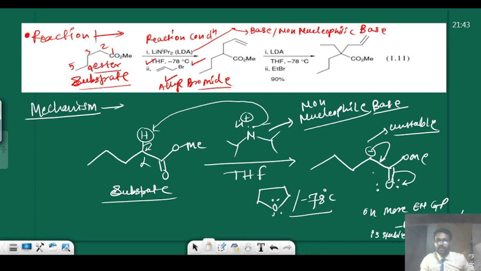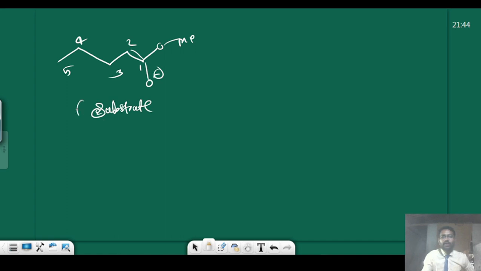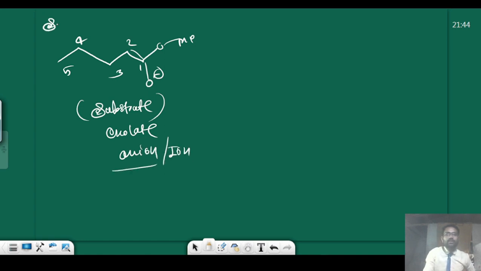So there is a formation of the enolate anion, which we write with O minus and OMe, the five carbons of our substrate. This is step number 1. We generated the enolate anion.